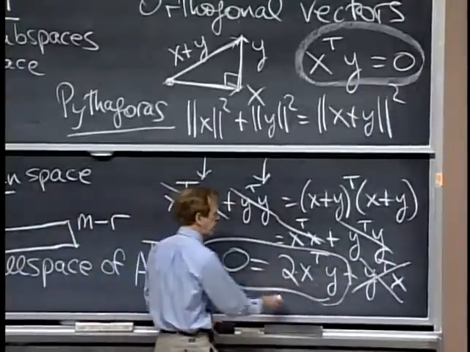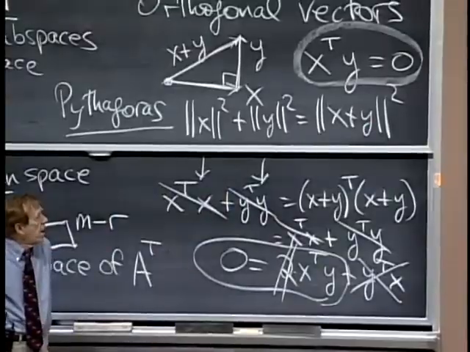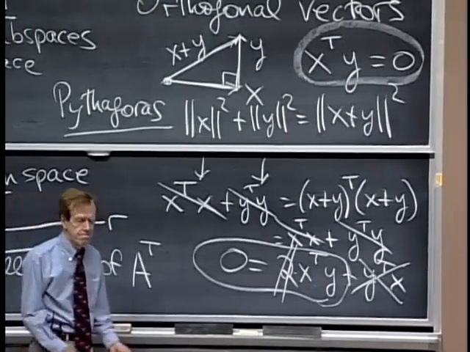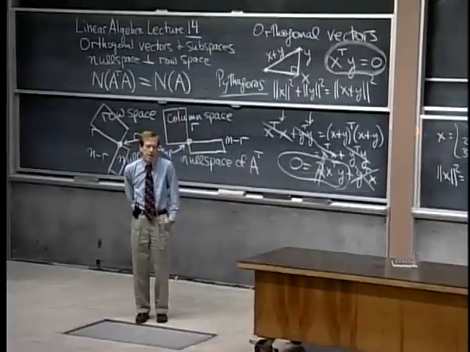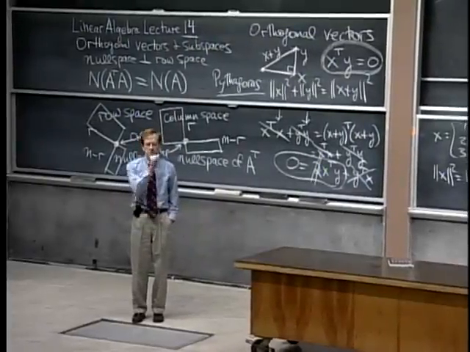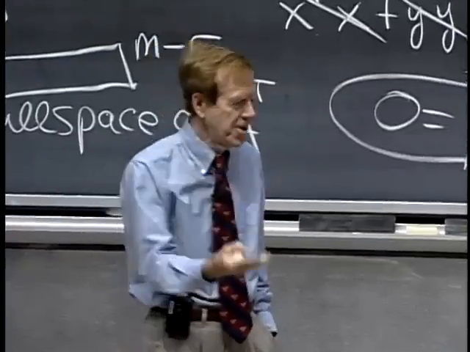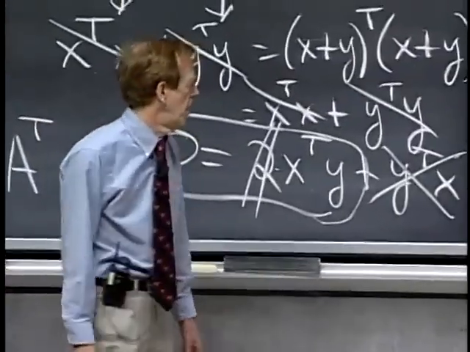Of course, I cancel the 2 now, no problem, to x transpose y equals 0 as the test. Fair enough. You knew it was coming. The dot product of orthogonal vectors is 0. I just want to say, that's really neat. It comes out so well. All right.